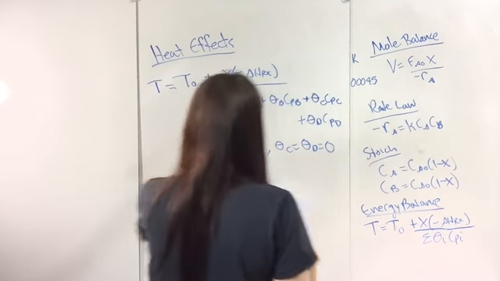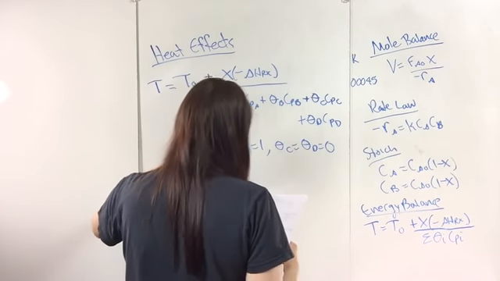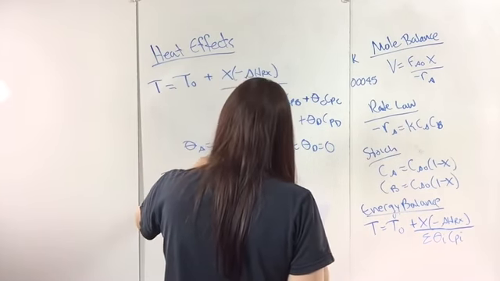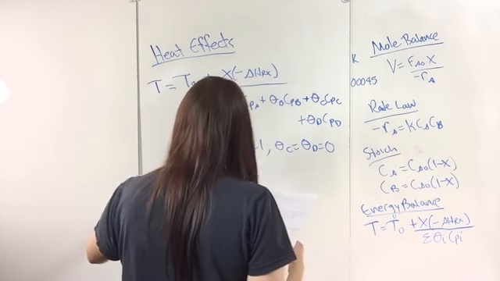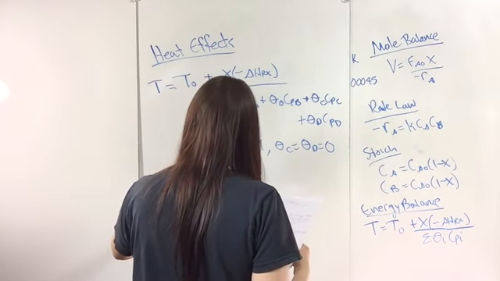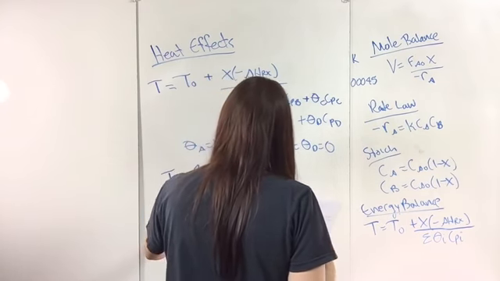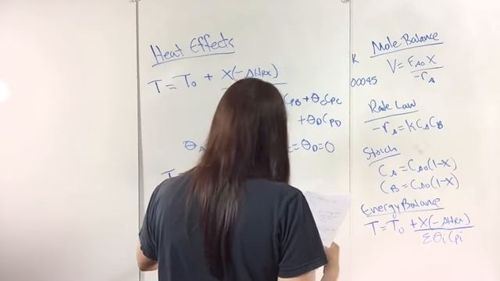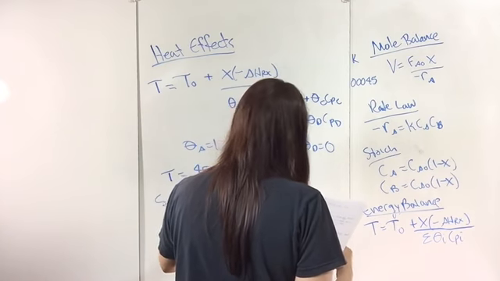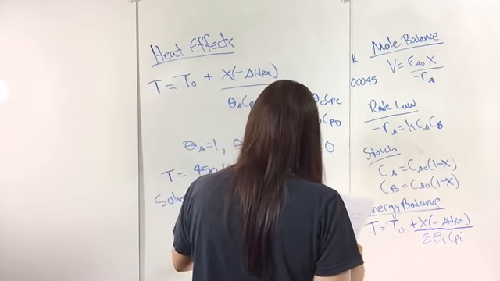So if we plug everything in here, we get that T is equal to 450 K, and then I'm going to solve for K at 450, and K ends up being equal to 0.3694.